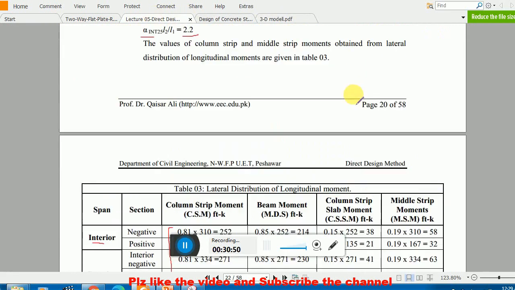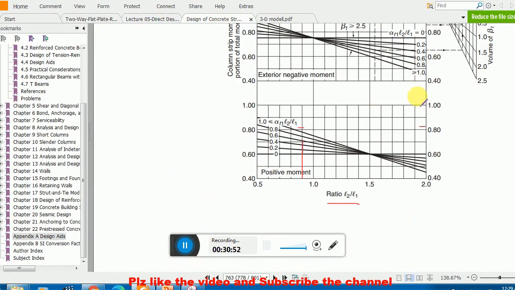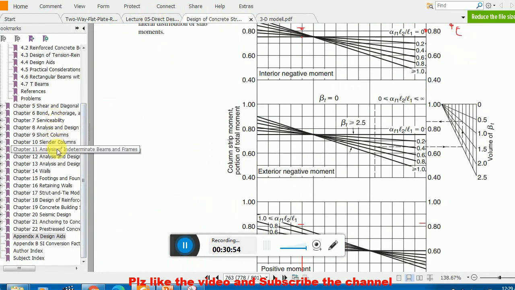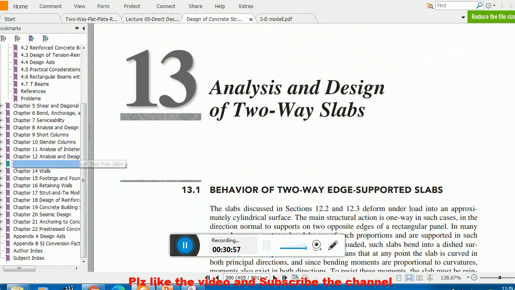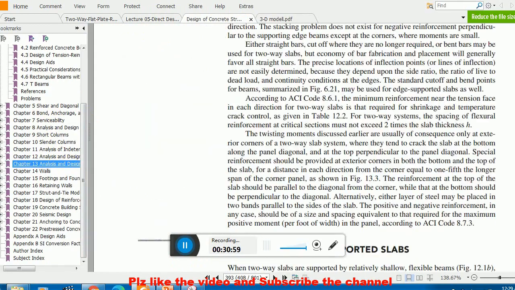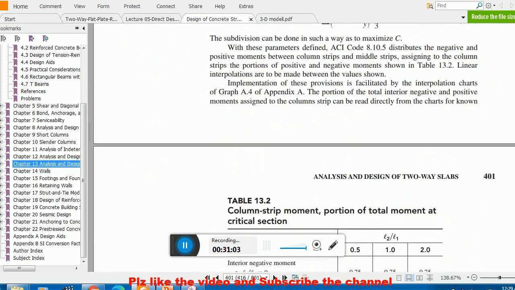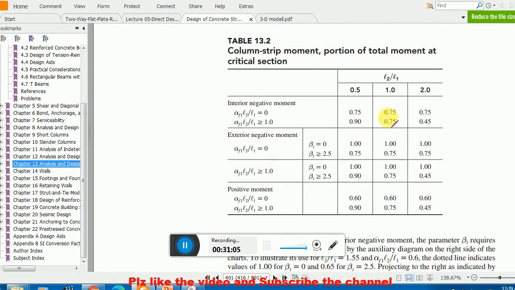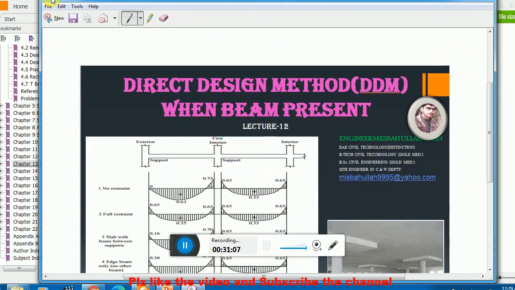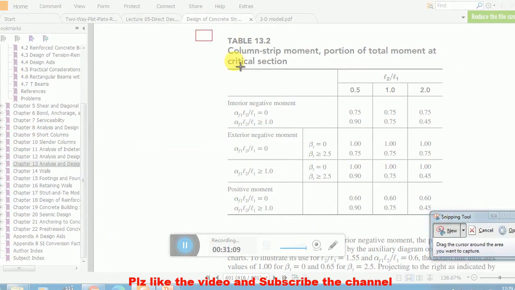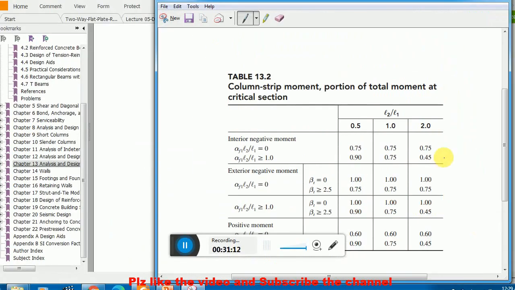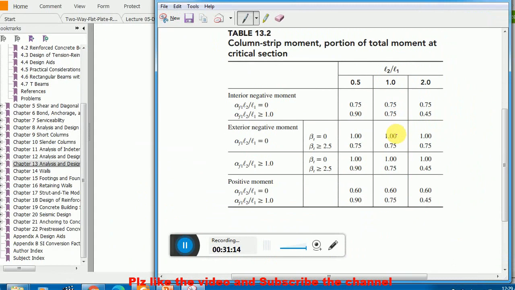If you are using the interpolation technique, let me show you how you can do the calculation from that table. I think it is better for you to understand interpolation.